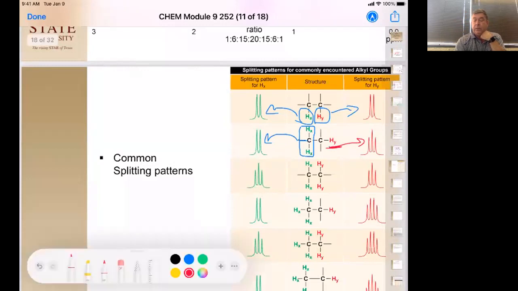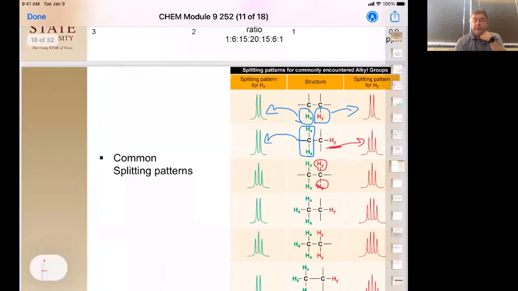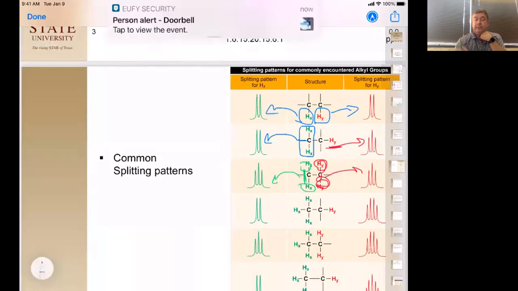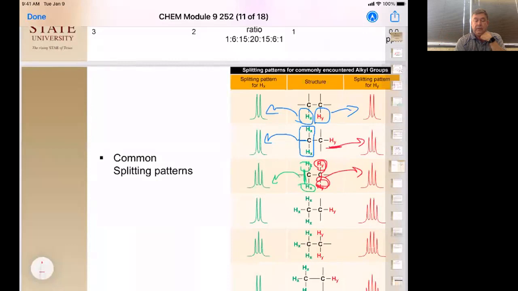And if we were to add another hydrogen here, so now we have 2 red hydrogens and 2 green hydrogens. These 2 green hydrogens are equivalent and have 2 hydrogens nearby. So that's 2 plus 1, a triplet. These red hydrogens are equivalent plus 2 nearby, giving a triplet. Okay.